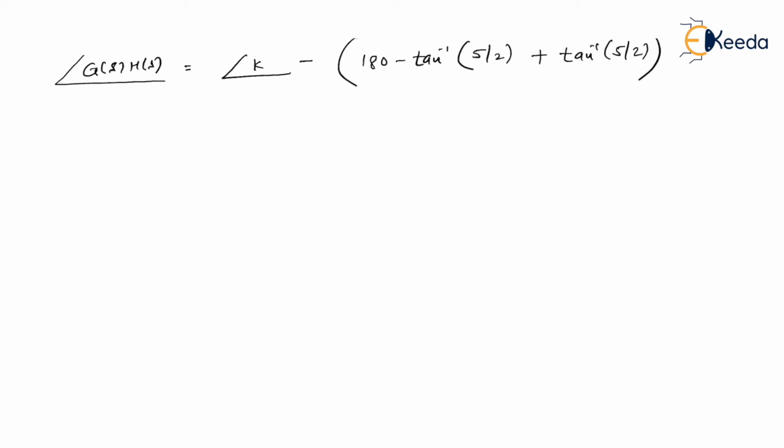So as you can see clearly, this tan inverse of 5 by 2 will get cancelled, and ultimately the angle of G(s)H(s) is equal to how much? It is minus 180 degree.